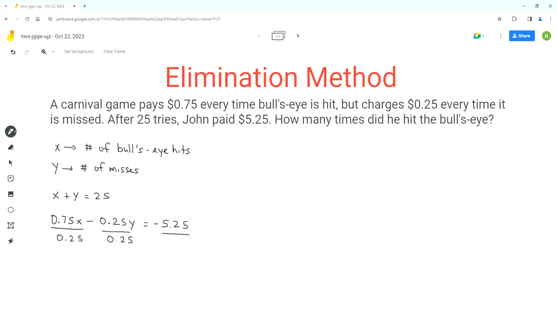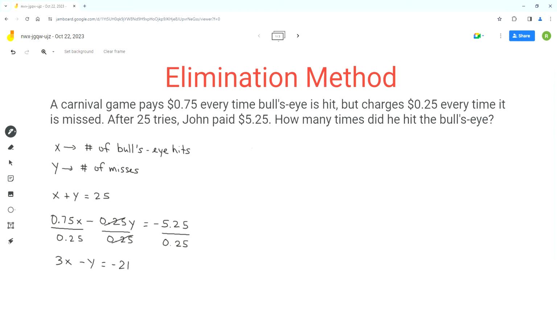In the first term, we divide 0.75 by 0.25, so we get 3x. In the y term, the 0.25s cancel each other out, so minus y equals negative. Now we do 5.25 divided by 0.25, which is equal to 21. So this is our new second equation.